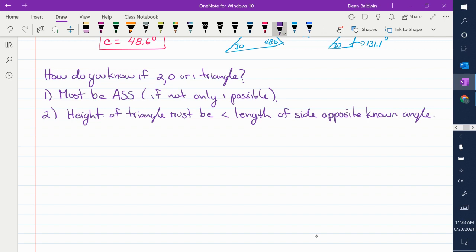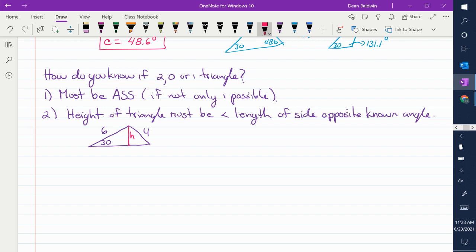So in other words, if I have that same triangle, 6, 4, 30, that's the height. So find the height. What is nice about finding the height here?